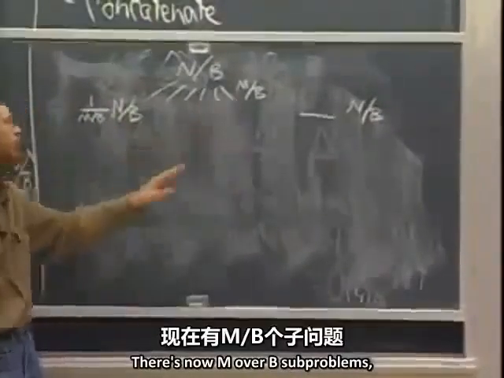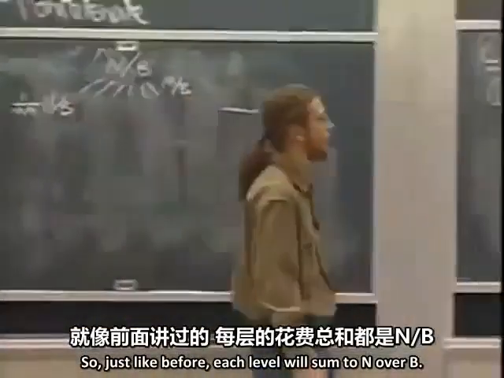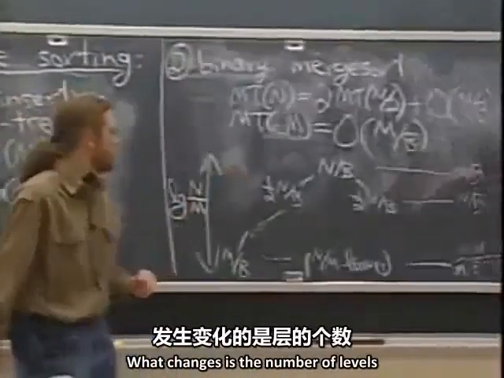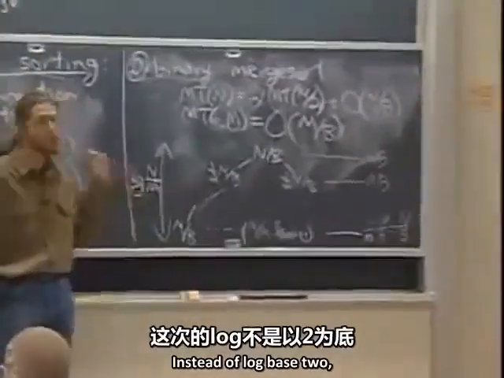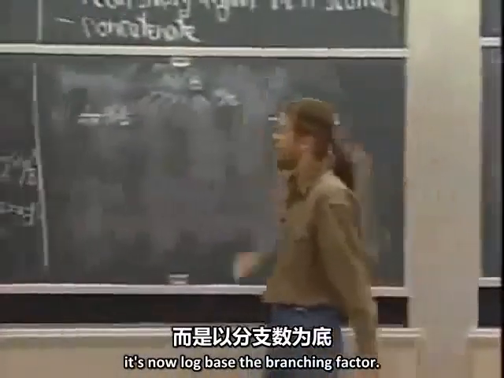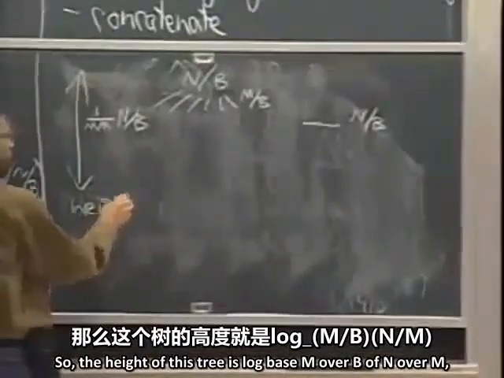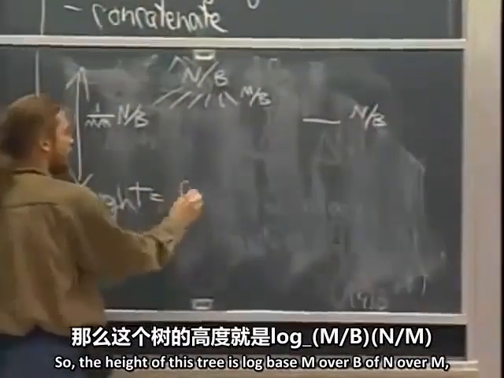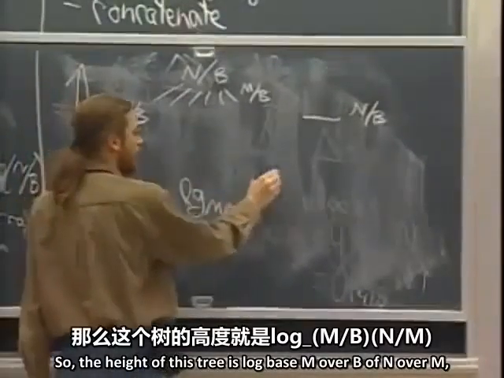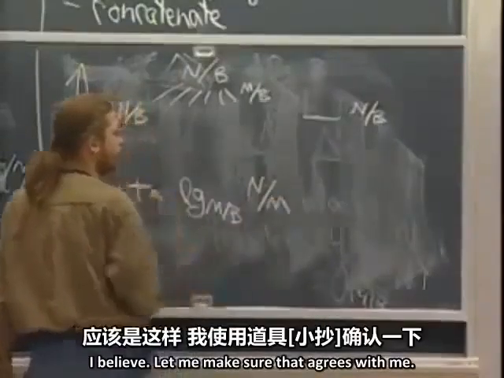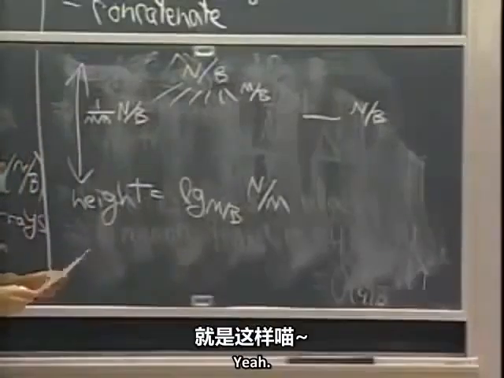There's now M over B subproblems, each of 1 over M over B the size. So just like before, each level will sum to N over B. What changes is the number of levels, because now we have a bigger branching factor. Instead of log base 2, it's now log base the branching factor. So the height of this tree is log base M over B of N over M, I believe. Sure. That agrees with me? Yeah.